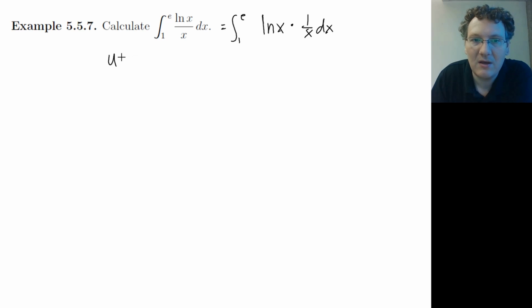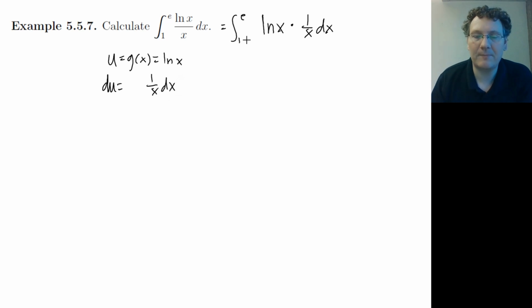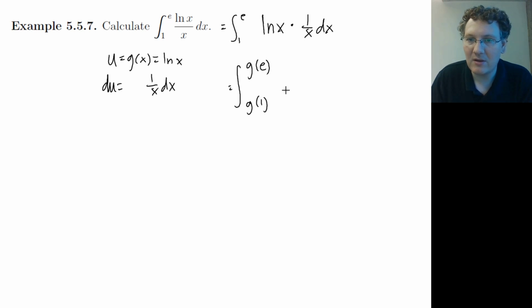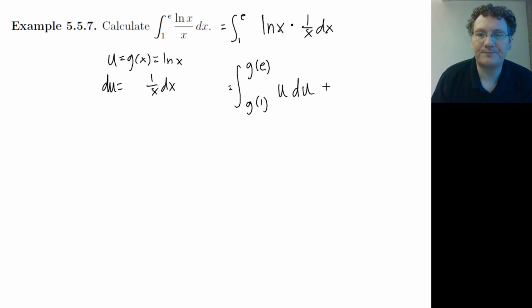So u is g of x. That's the natural log of x. So du is 1 over x dx. It's just sitting there. So we can make the substitution, but I'm going to have g of the upper bound and g of the lower bound of u du.